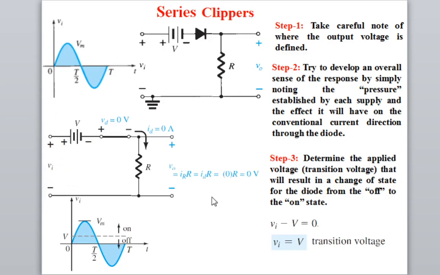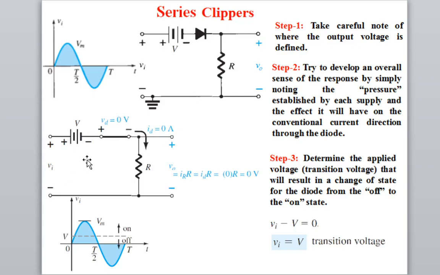Because this voltage is now equal to 0, if you apply Kirchhoff voltage law in this circuit, how are we considering it? We are assuming that the diode voltage is equal to 0. We are assuming this input power supply is there. On the basis of the characteristics of the diode, this voltage is equal to 0, this voltage is equal to 0, ID is equal to 0, and if ID is equal to 0, this voltage drop is equal to 0.